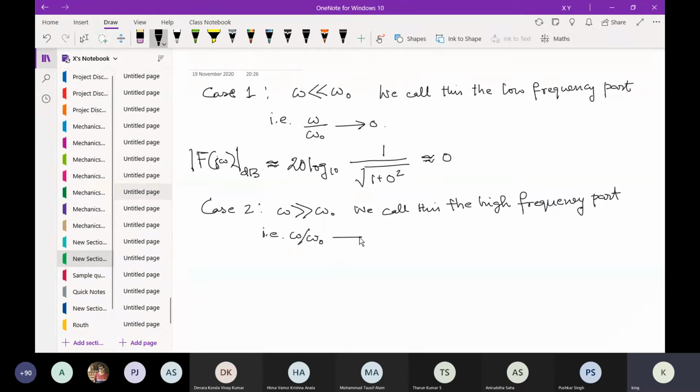That is, omega by omega 0 in this case will be tending to infinity.